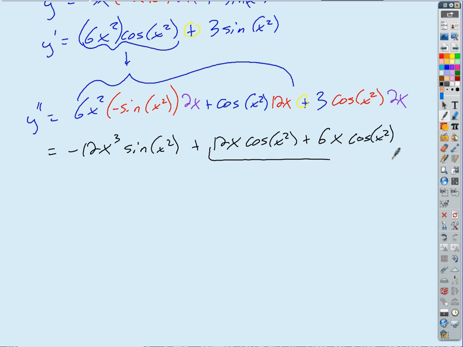But look at that right there. What do you notice about that? Yeah, those are complicated, but they're like terms, aren't they? I've got 12 times that plus 6 times that is 18 times that, by that I mean x cosine x squared. Okay. We recognize those like terms, everybody?